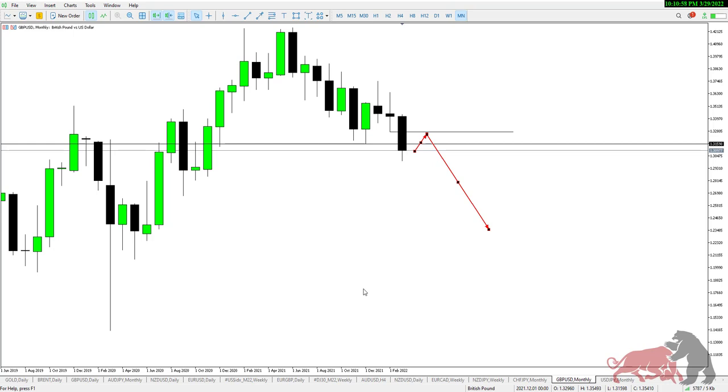So by Friday, we're going to have a fair value gap there. And then I'll be notifying you guys to say, okay, guys, can you see that fair value gap I was talking about on pound USD?